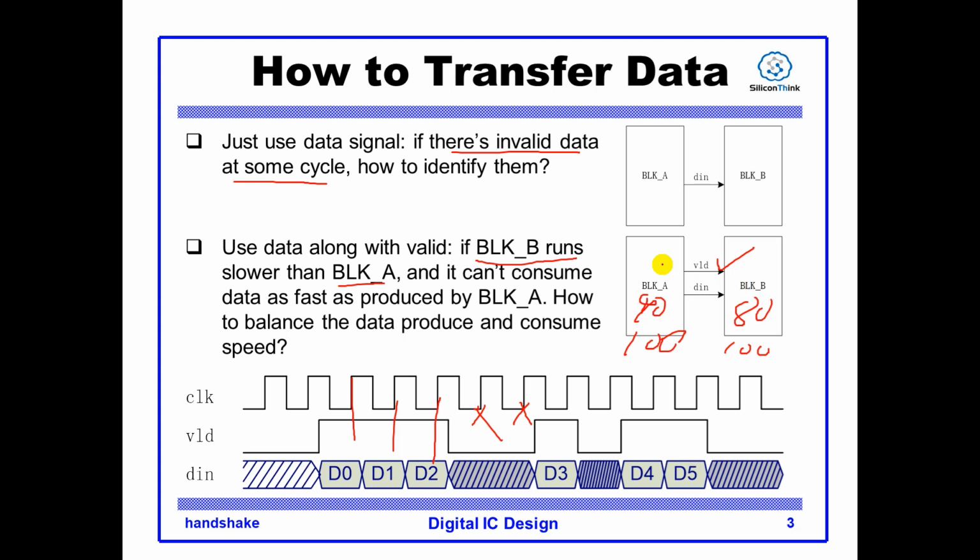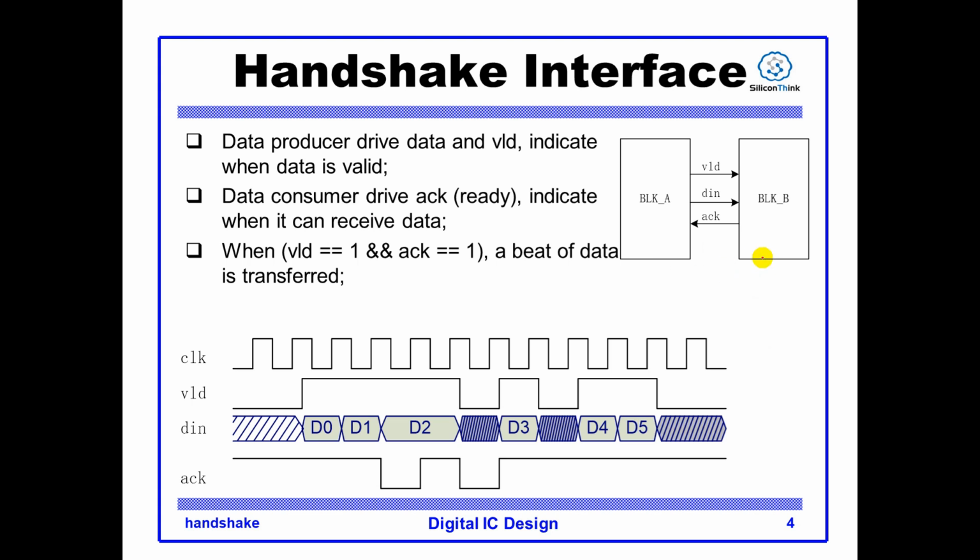So we need another signal from block B. We use this signal to tell block A, please wait for me for some cycles. So you get the handshake interface. The data source will drive valid and data.